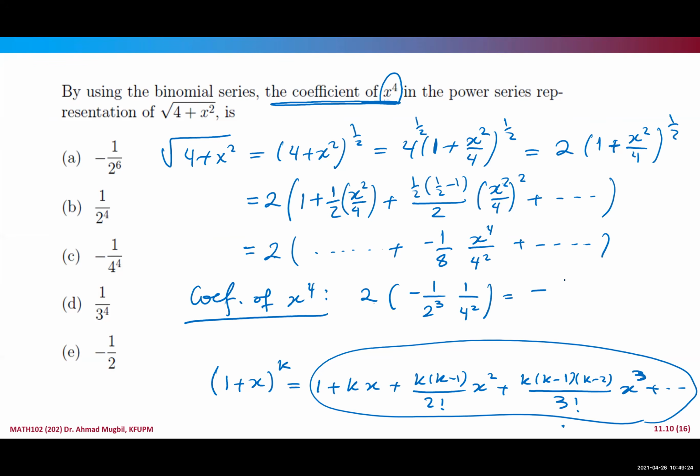This 2 will go with this 2, so you will have negative 2 to the power 2 multiplied by 4 to the power 2, which is what? 2 to the power 4. This is negative 1 over 2 to the power 6. And the answer is A. Is it clear, ya shabab?